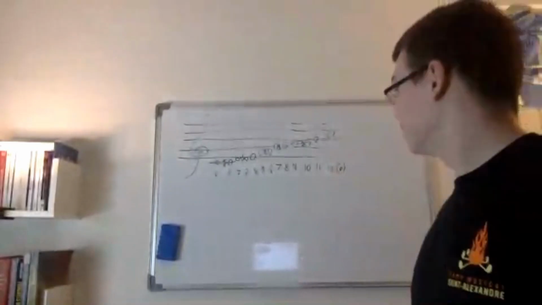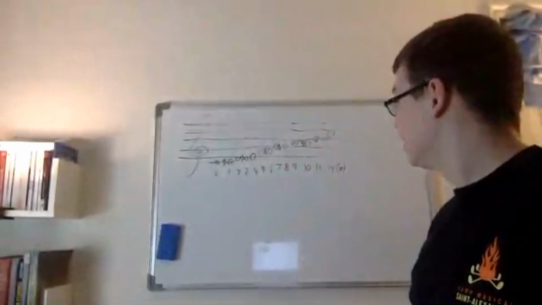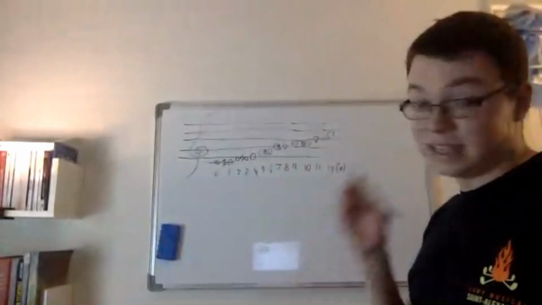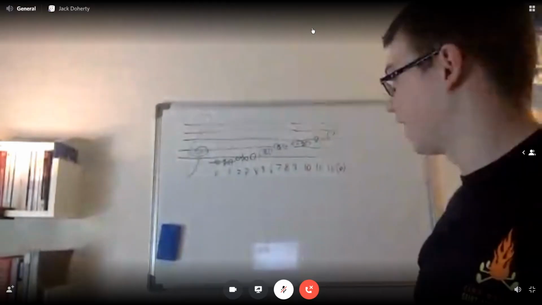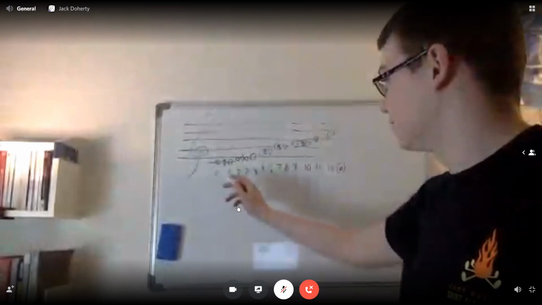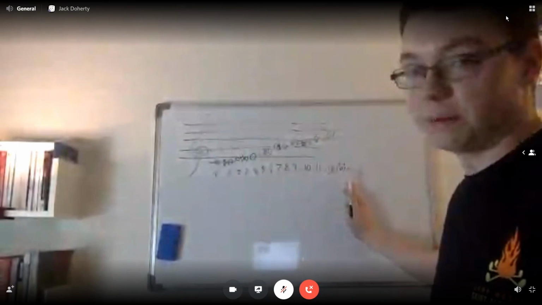So, chromatic scale, everyone knows what that is. The first thing you do generally when you're talking about musical set theory is just to make things easier to write and easier to understand. We use integer notation, we use numbers to describe the notes.